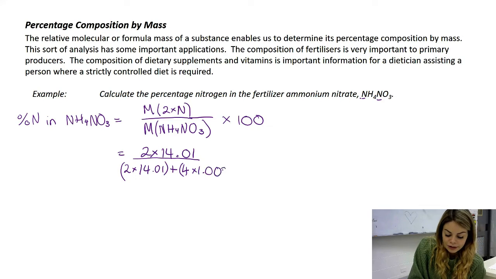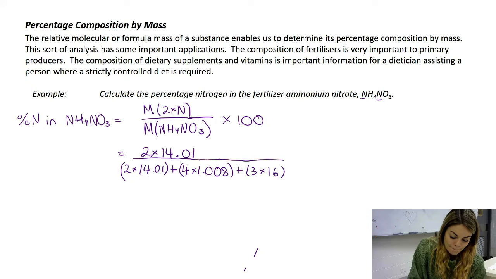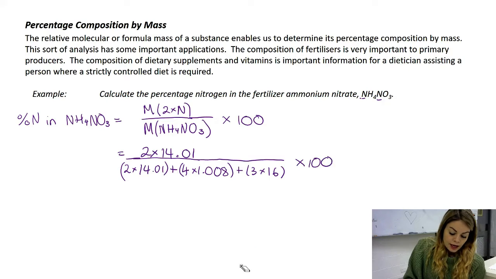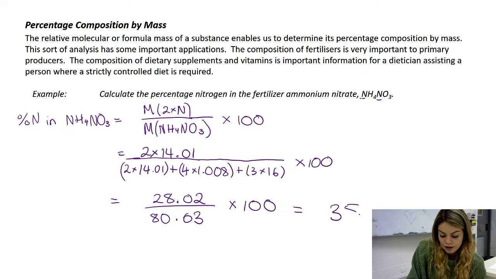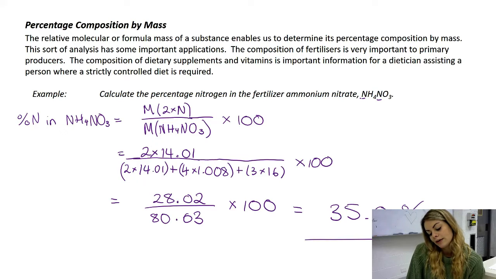Hydrogen is 1.008, and we've got 3 oxygens, which is 16. And times by 100. Then you just need to chuck that in the calculator. For the top, you should get 28.02, and for the bottom, you should get 80.03. Times by 100 gives us 35.0%. So 35% of ammonium nitrate is nitrogen by mass.